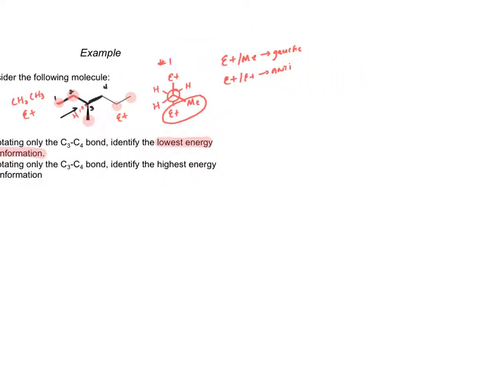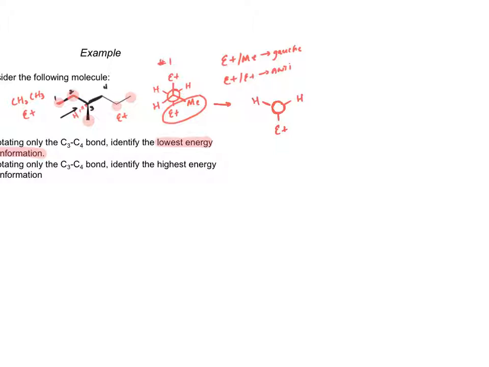Okay, unfortunately there are 2 other staggered conformations. So what should I do to this guy to get to the next one? I'm going to rotate somebody, right? What I would always suggest is to keep constant the carbon that has fewer substituents. So who has fewer substituents, the front carbon or the back carbon? The back carbon. So we're going to keep the back carbon constant and rotate the front carbon. Back carbon's constant: we've got ethyl, hydrogen, hydrogen.